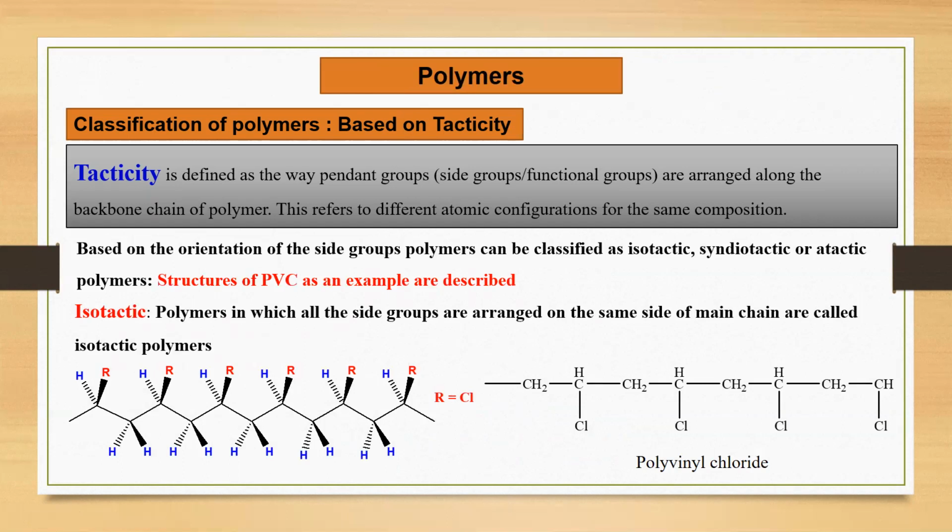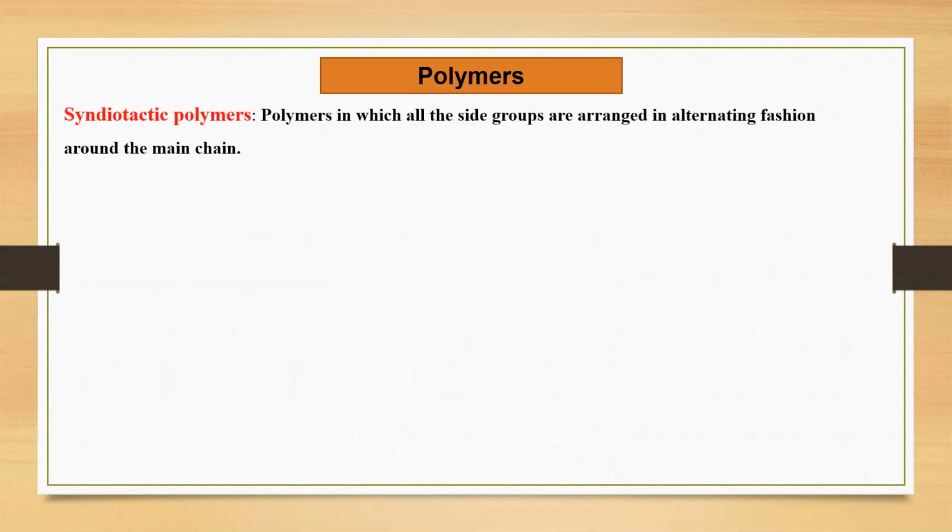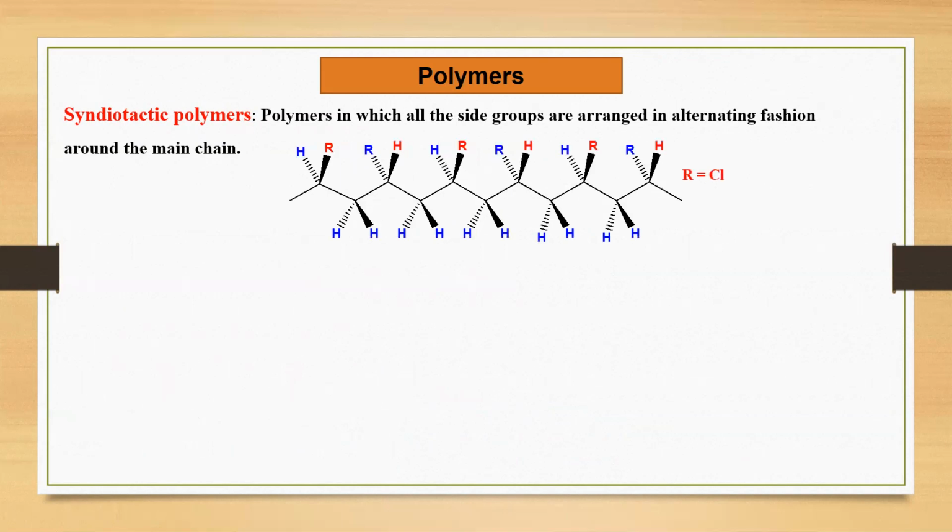These are isotactic polymers. Whereas in the case of syndiotactic polymers, these are polymers in which all the side groups are arranged in an alternating fashion around the main chain. What do we mean by this?